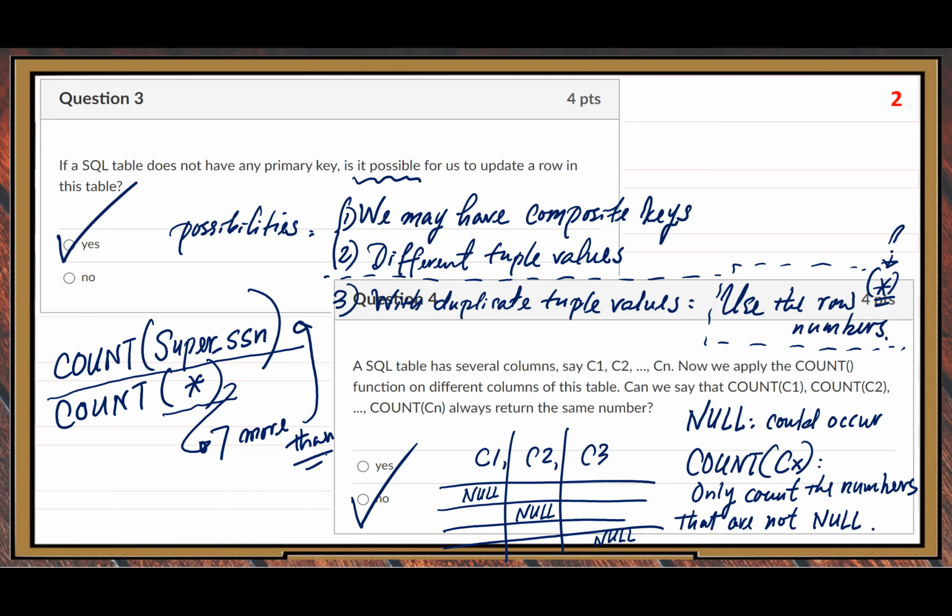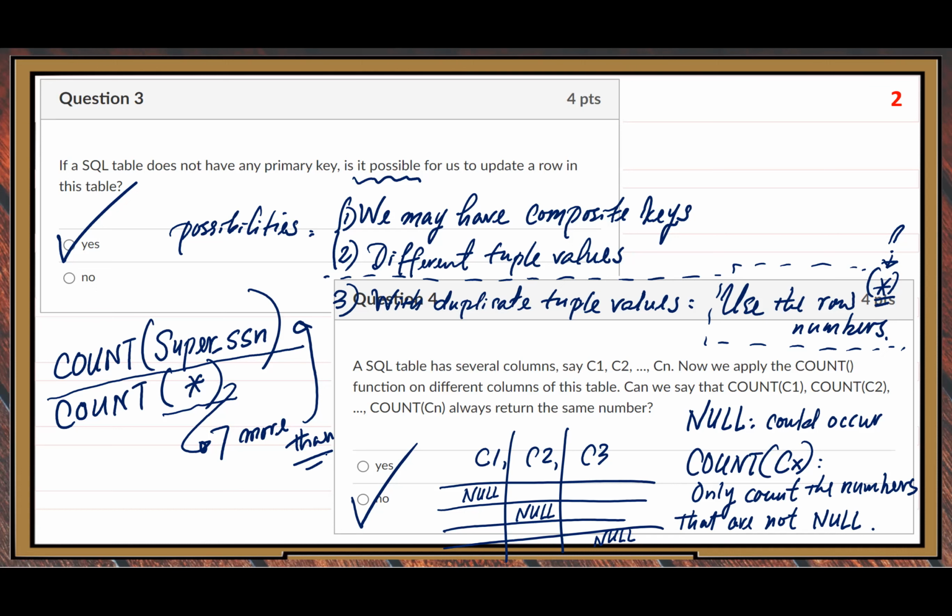So in this question, we do not have the information about the null value. If I say all those columns do not take the null value, then you can say that number is the same.